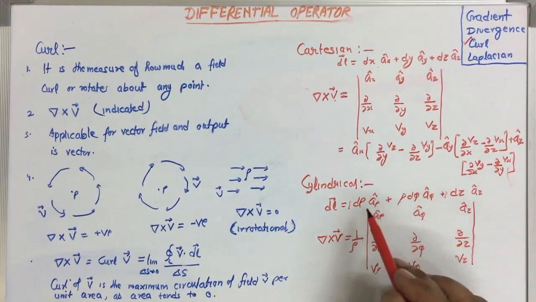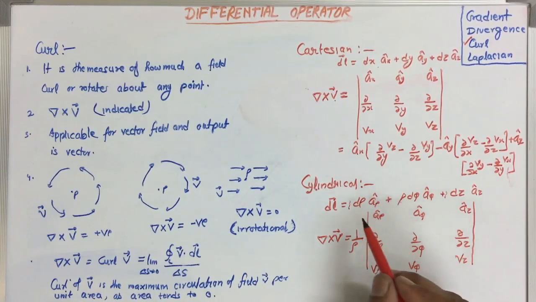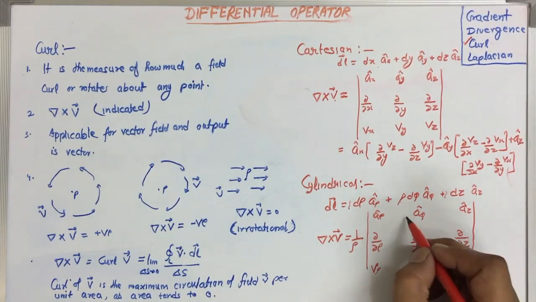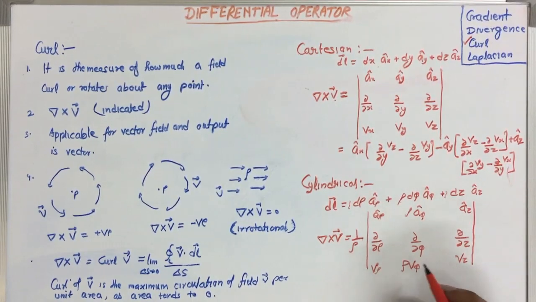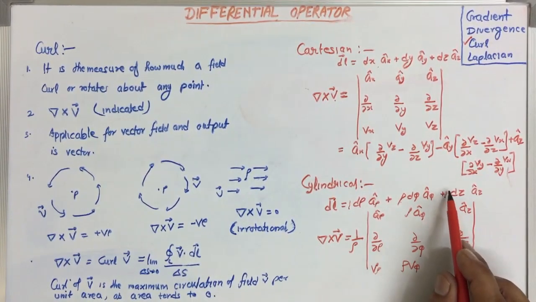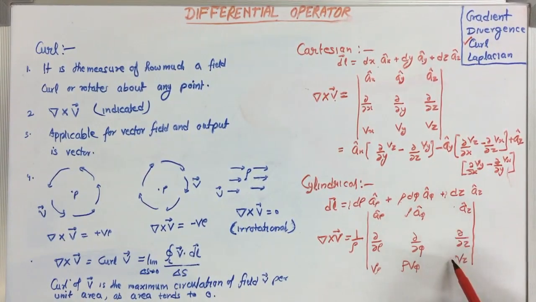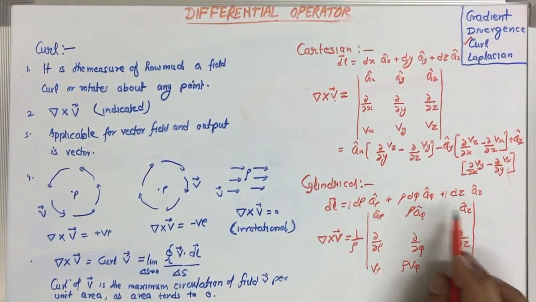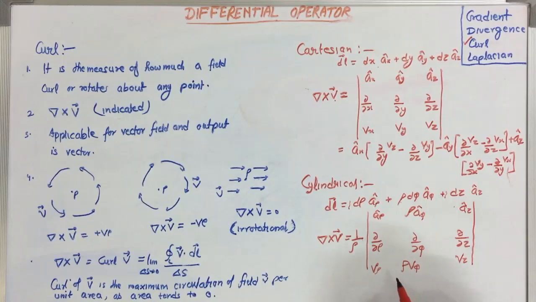Now compare this with this one. The coefficient is rho, so rho we will place here and here. The coefficient is 1, so we will place 1 and 1 here. If we find the determinant of this, it will be the curl of the vector field V in the cylindrical coordinate system.